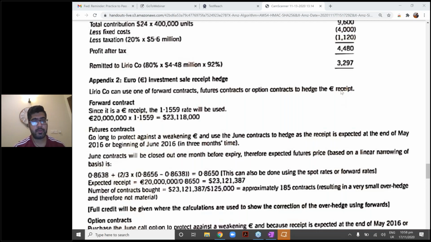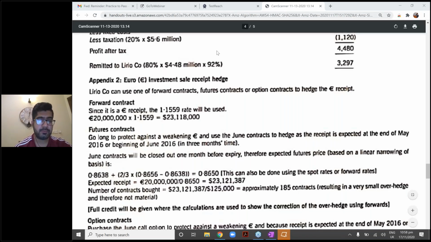Tavanna, you're saying we are looking at the ACCA marking scheme and there is an overhedged mark available as well. Specifically for you, I have opened the solution from the futures contract, and you can see that it's 23121 and it's 185 contracts, and it clearly mentions resulting in a very small overhedge, therefore not material.